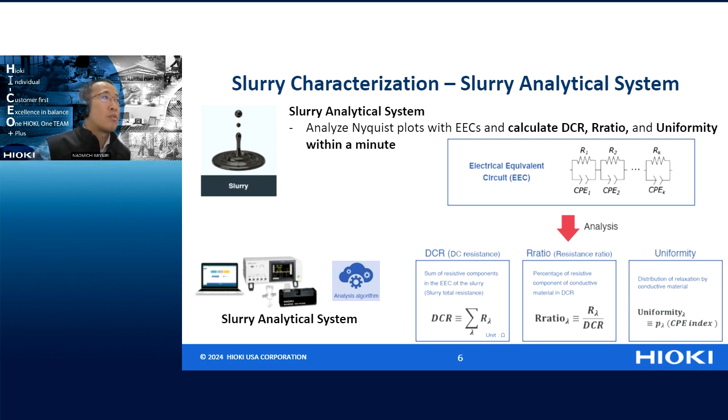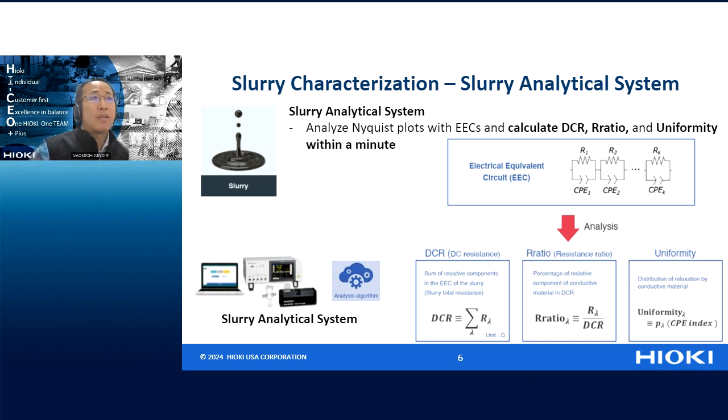So through curve fitting, we identify resistance and the CPE values in the EEC, and calculate the three slurry parameter indicators. So DCR is the total resistance of the slurry in the EEC, and our ratio is the percentage of resistive component of a conductive material in DCR.